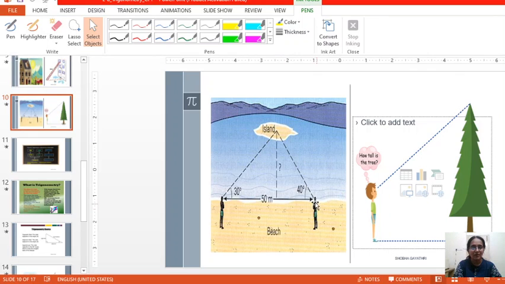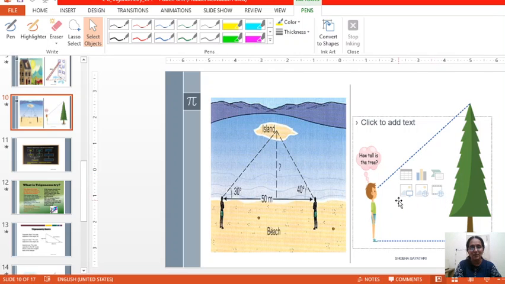The angle from which the man looks at the island we can measure. So we cannot apply Pythagoras theorem to find the distance to the island from the beach. So how can we find the distance to the island in this first figure, and how can we find the height of the tree in the second figure?